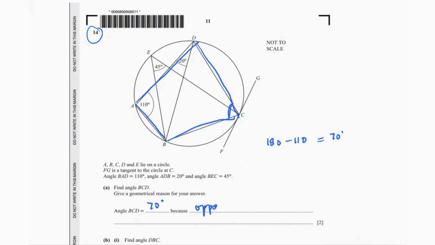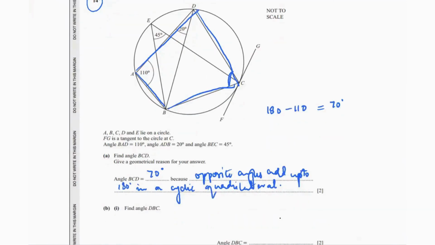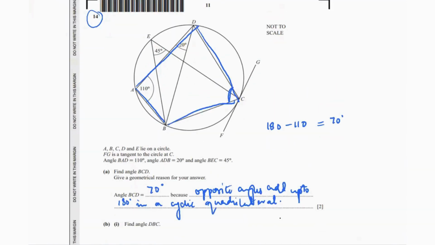Opposite angles add up to 180 degrees in a cyclic quadrilateral. Then find angle DBC. DBC, this one.